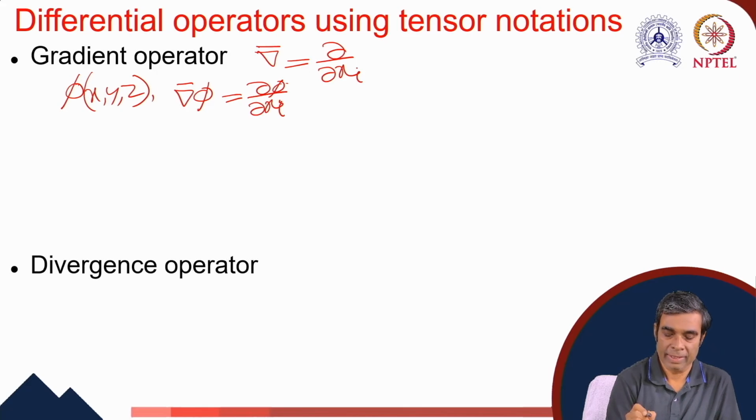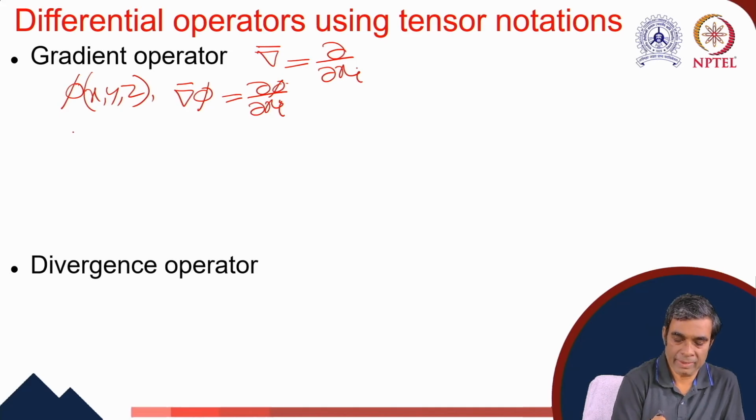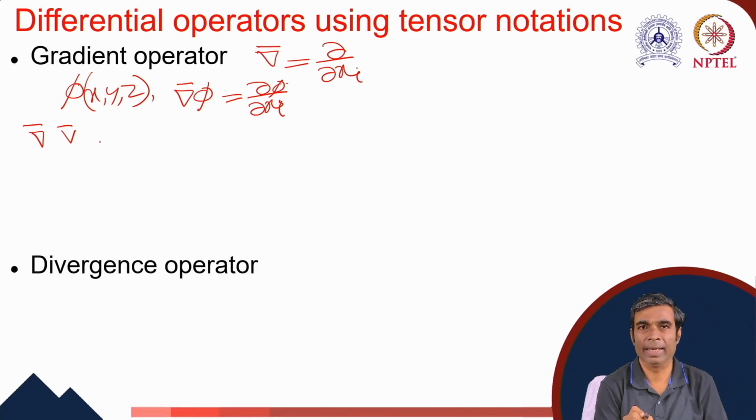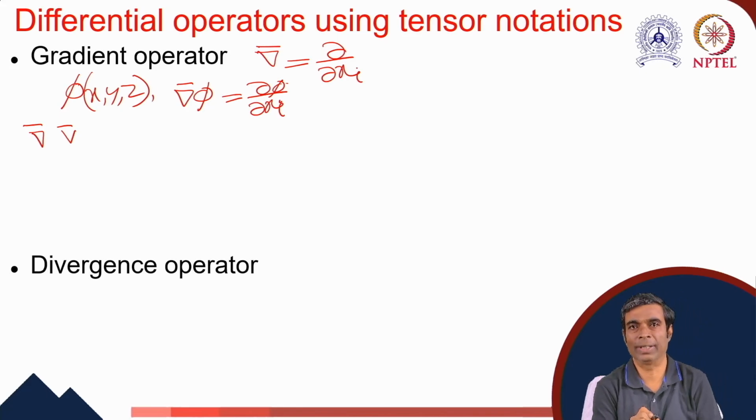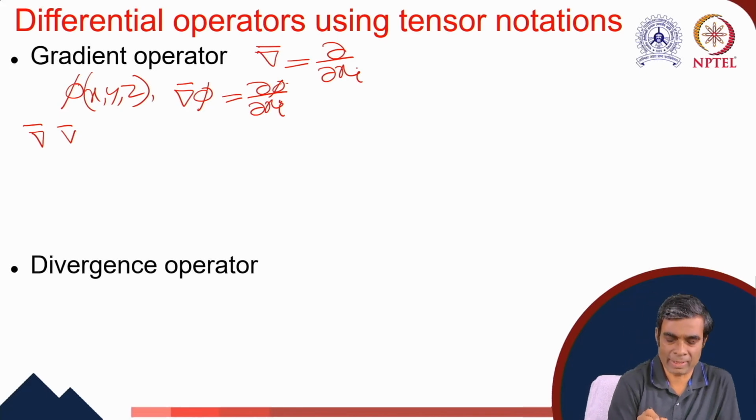If we consider the gradient of a vector, consider the velocity vector v bar. If we take the gradient of this vector, we write it as grad v bar. This becomes the velocity gradient tensor. The gradient operator increases the rank or order of the quantity by 1. So the velocity vector, which is a first order quantity, becomes a second order tensor.